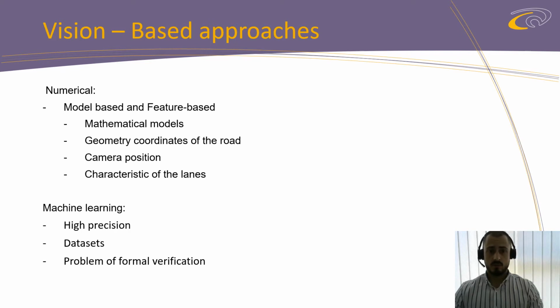The numerical group is model-based, and many of them build mathematical models of the road and use geometry coordinates of the road and camera position. Another group of numerical methods is feature-based, where this paper also belongs. These methods use algorithms to detect characteristics of the lanes, like colors, edges, curvature, and other so-called features.